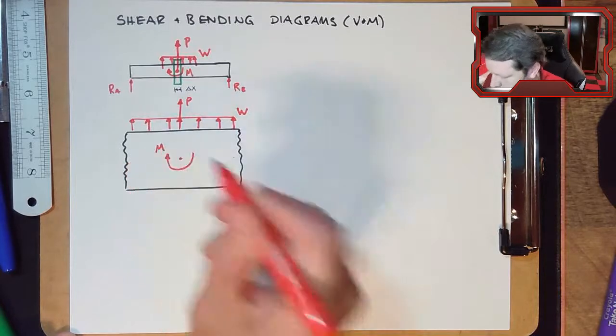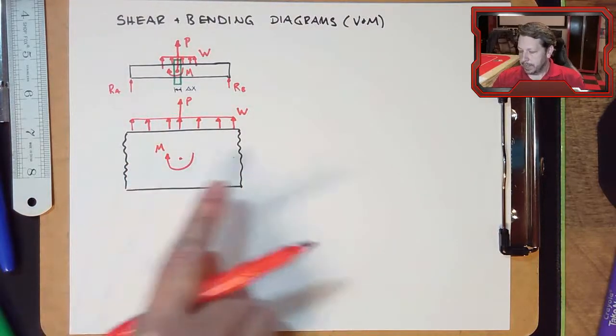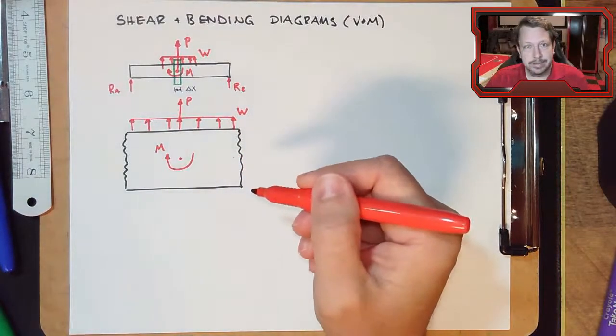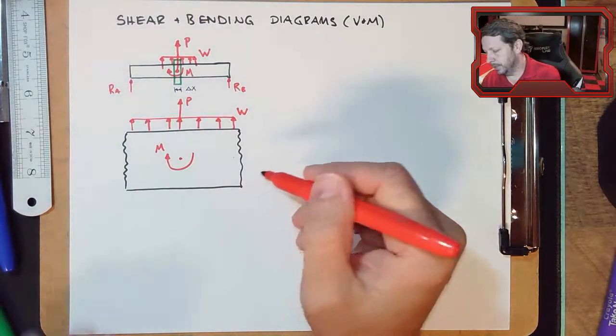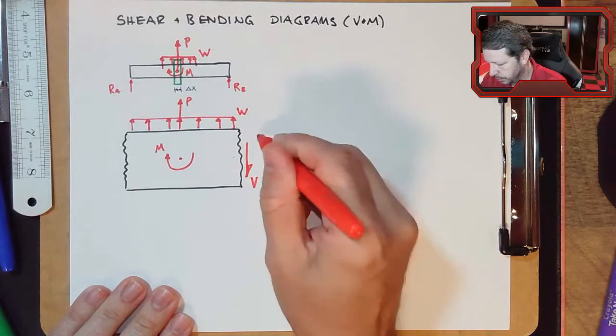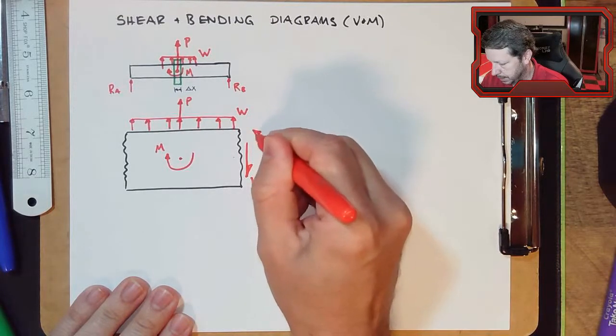Now, since I've cut these open, I have to create the internal forces. So remember that we do have a sign convention: if you're looking at this side of a diagram of a beam, we have to draw the shear force and the bending moment in these orientations.